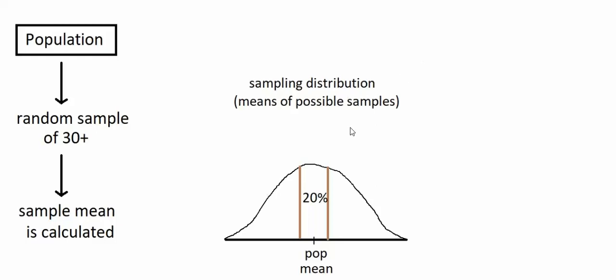And you might have guessed that the probability of getting a sample mean in the middle 20% of the sampling distribution is 20%, or 0.20 when you write it as a decimal. So 20% of the possible samples are in here, 20% of the boxes, and there is a 0.20 probability that the selected sample will be one of these possible samples in this middle area right here.